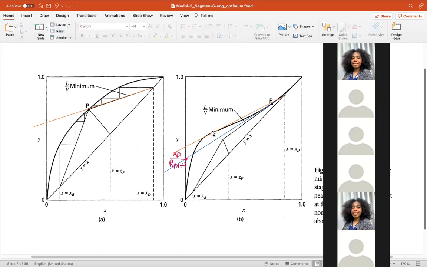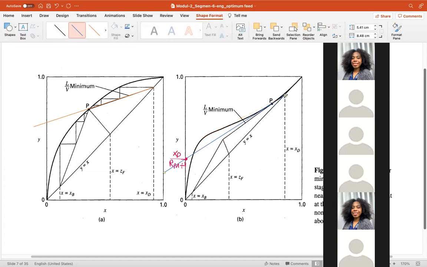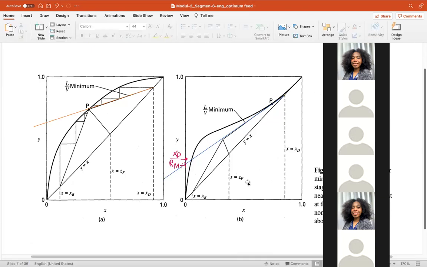So what you can do is construct a line from the distillate, and then with your ruler try to find a line that passes the point P, the one that is tangent, yang bersinggungan. Cari garis yang bersinggungan dengan kurva. Okay? Sometimes we can get some exam questions like this.